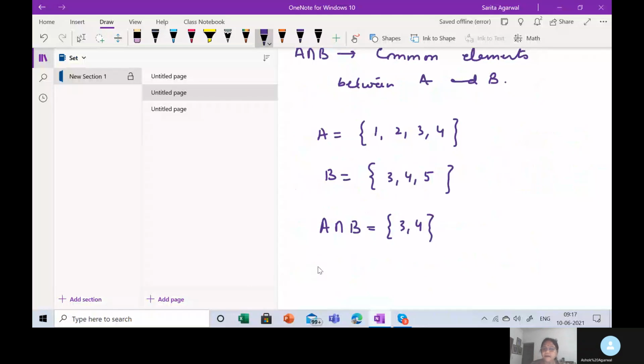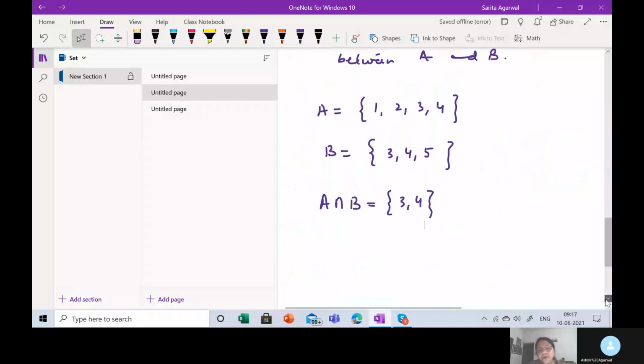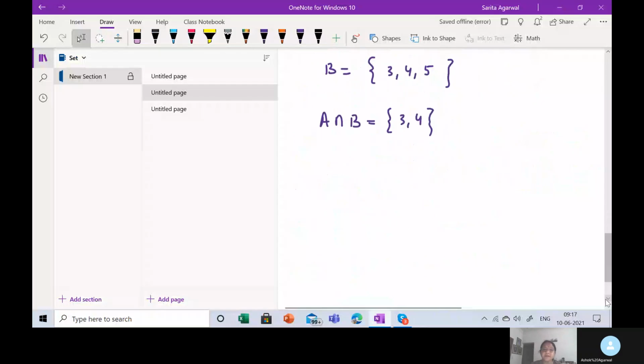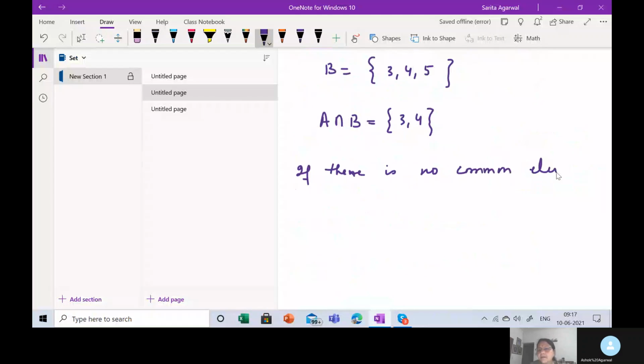Now we will discuss if there is no common element between A and B. If there is no common element between A and B, then A intersection B is the empty set.